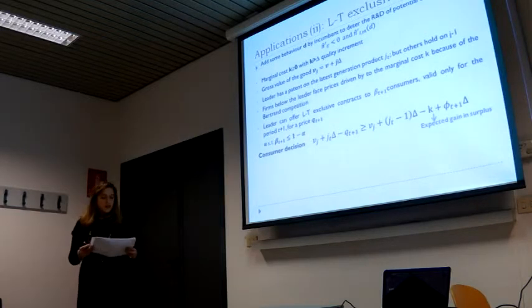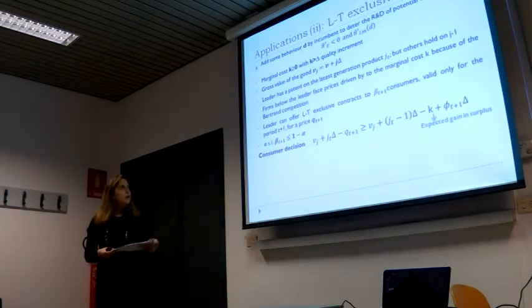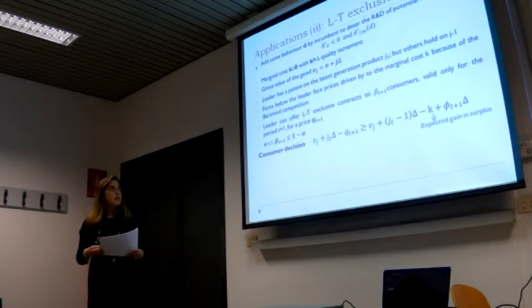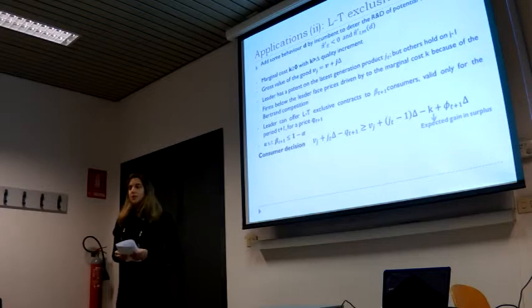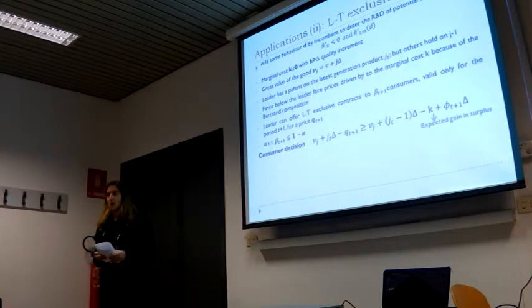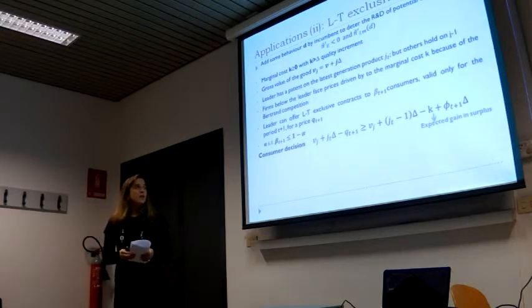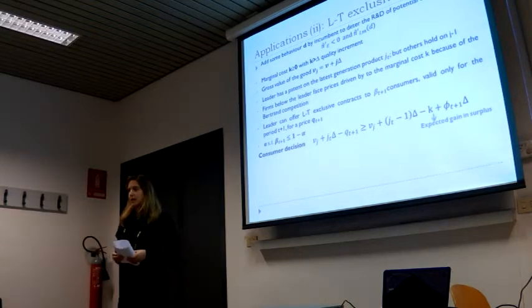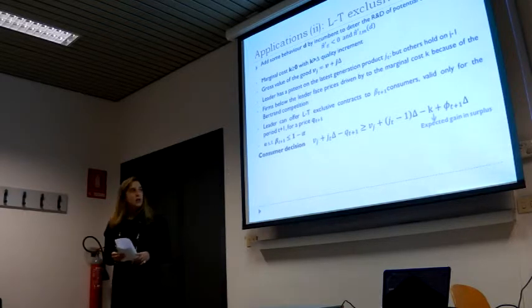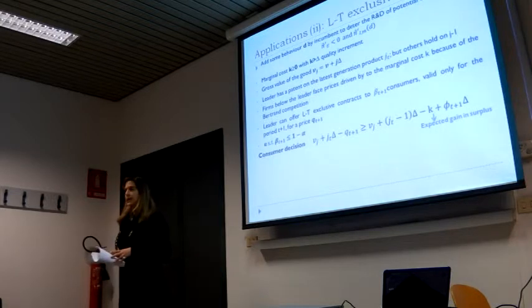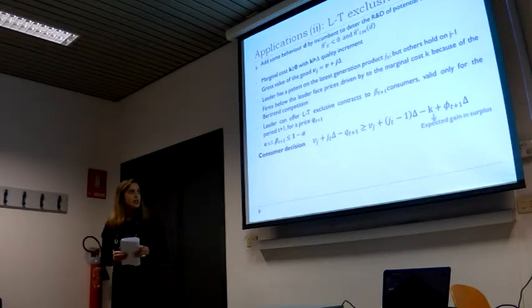Well, from the general law, we can now look at its application, and in particular the hypothesis of the incumbent realizing a long-term exclusive contract. That is a contract that allows him to sell his product, his goods, at a price T+1 to a share of consumers beta T+1. The particularity is that this contract is valid just for this period.